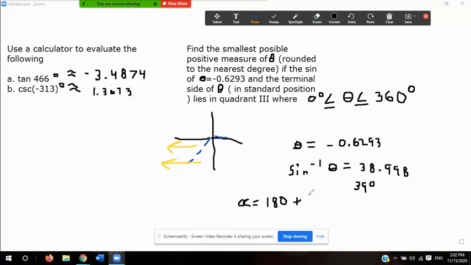And I know I repeat myself with the theta and the z thing, but it's just because I don't want students to get confused and be like, but he always called it z, now why is he calling it theta? It's the same thing. 180 plus 39 degrees equals 219.